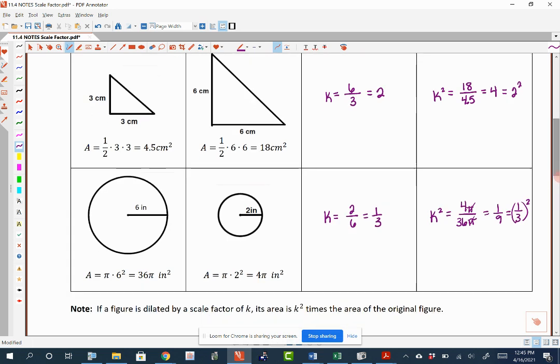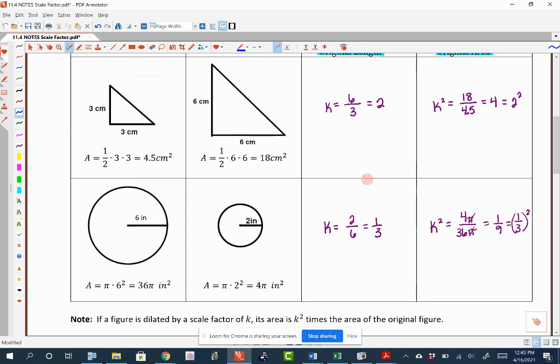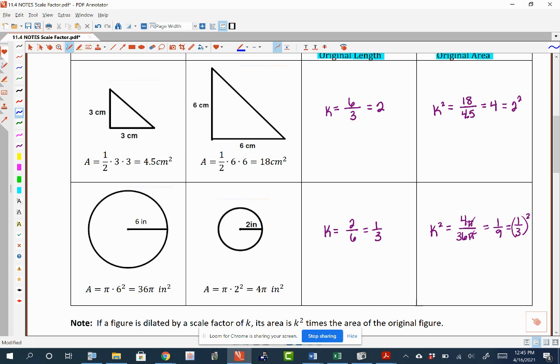Right below this, it says, note, if a figure is dilated by a scale factor of K, its area is K squared times the area of the original figure. So let's go back up and look at our triangle. It says the area is K squared times the original figure.